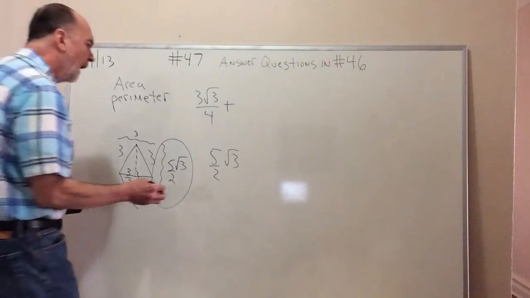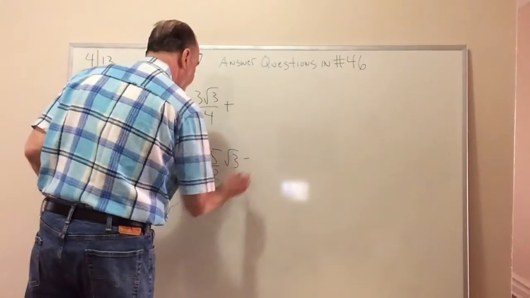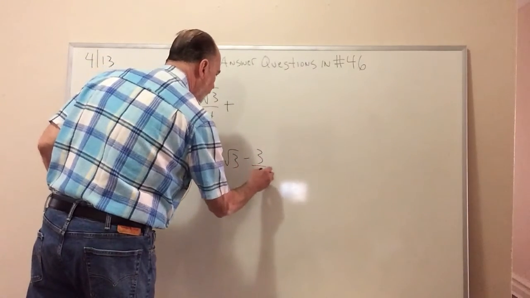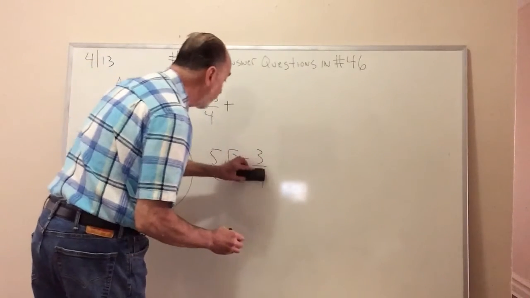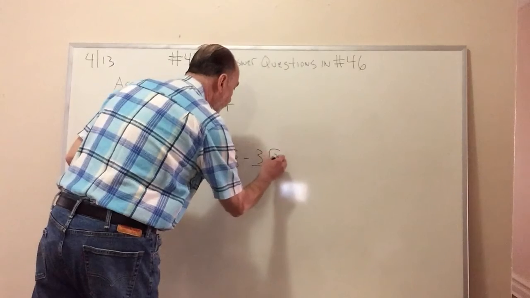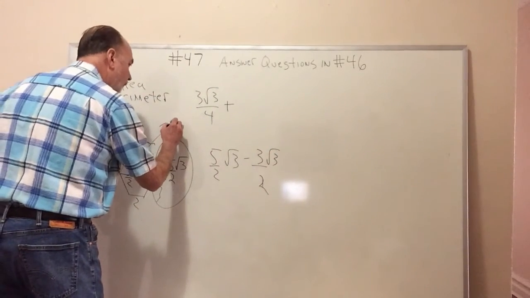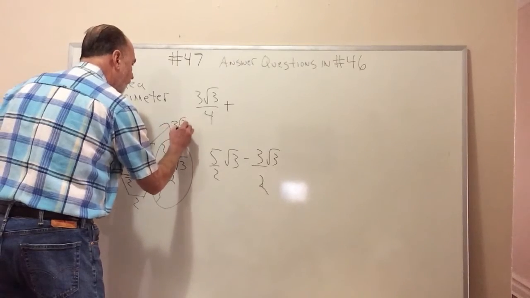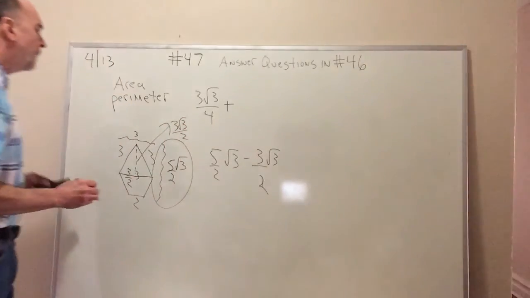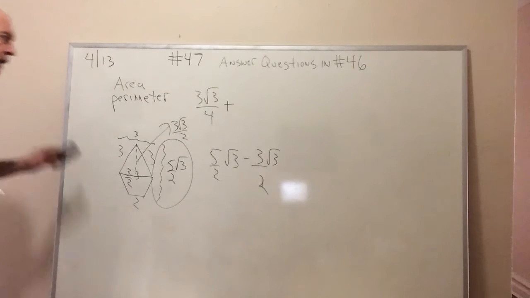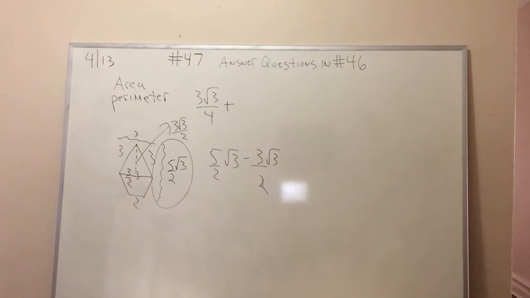And now it's minus whatever we got before, which was 3 radical 3 over 2, which was the height of this. And the height was going to work out to 3 radical 3 over 2, because again, it's just a scale factor and everything works out the same exact way.